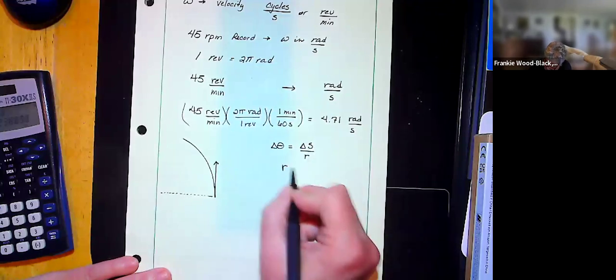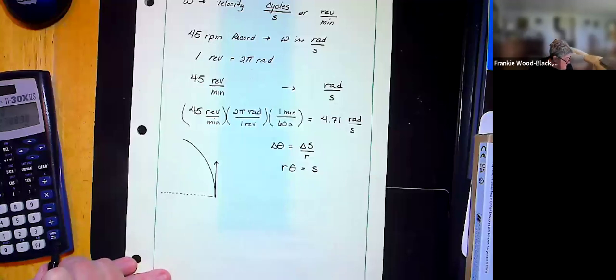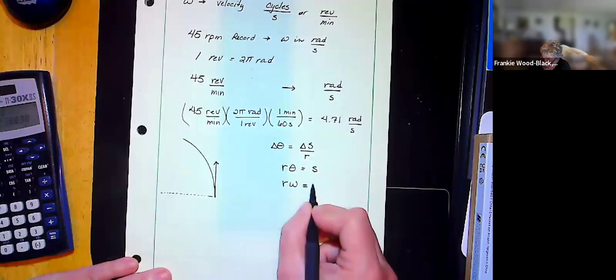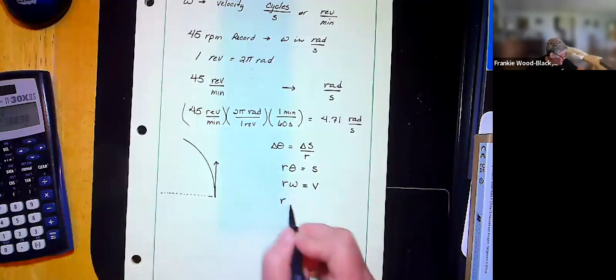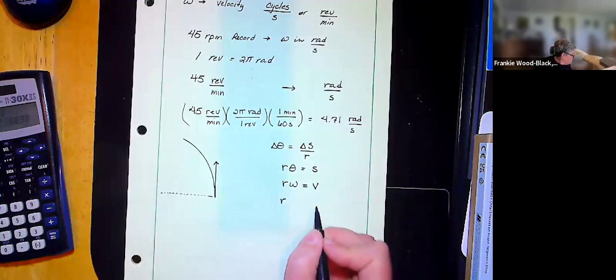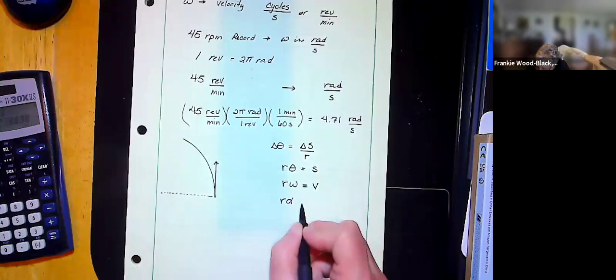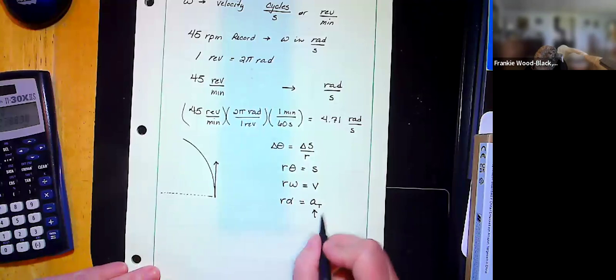So r theta is going to give me s. We can do r omega, which will give me my velocity, and r alpha is going to give me my tangential acceleration.